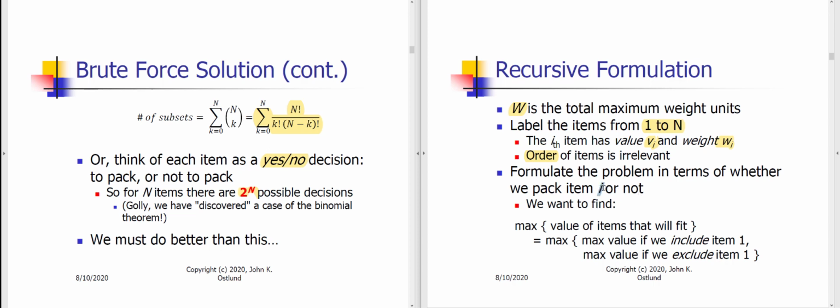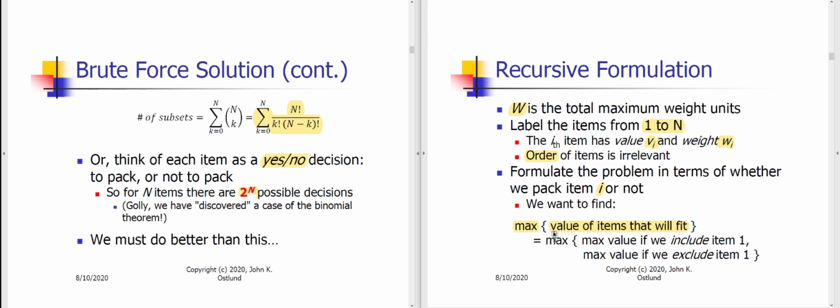Okay, now we're going to determine for each item whether we're going to put item sub I into our knapsack or not. What we're intending to do is to maximize the value of all of the items that will fit into our knapsack. To break this down to consider a single item at a time, let's start with item 1.